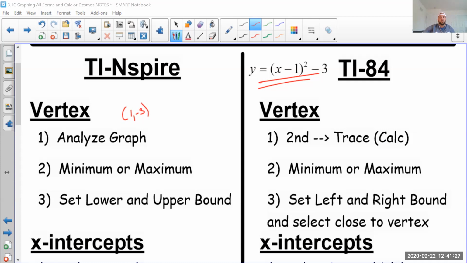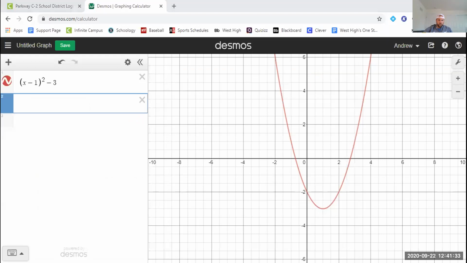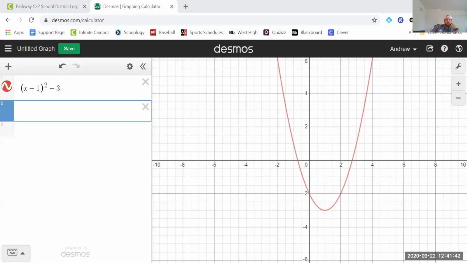This is why I was telling you guys that using Desmos is the easiest. If you're using Desmos, you just type it straight in. I'm sharing my screen for Desmos here.